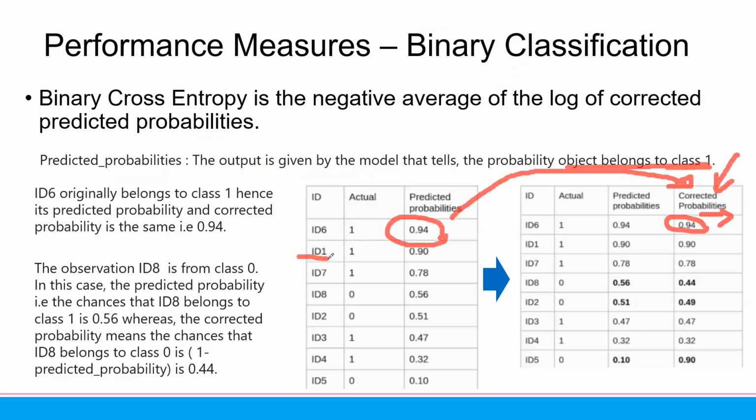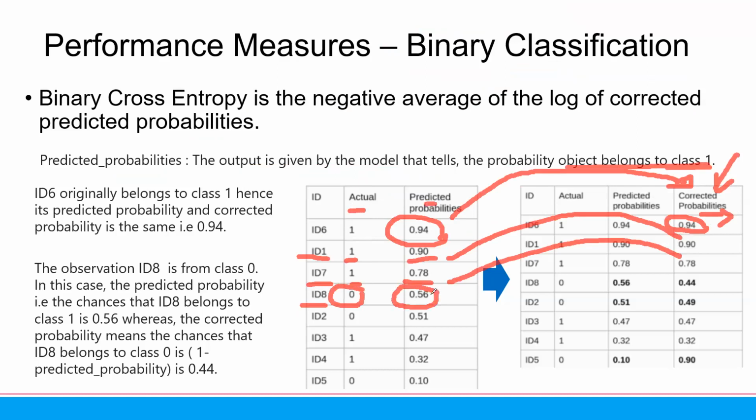Now let's see ID 1, the actual is 1 and the predicted probability is 0.9. The corrected probability is also 0.9. ID 7, the actual is 1. The predicted probability is 0.78. The corrected probability is also the same. ID 8, the actual is 0. What is the predicted probability?